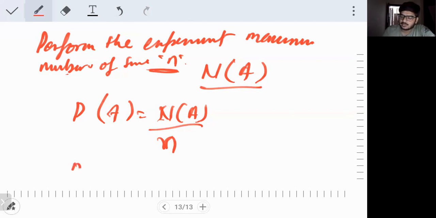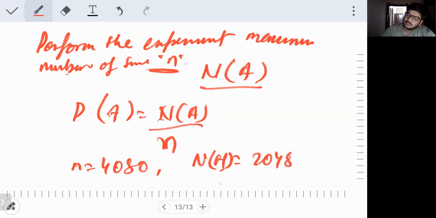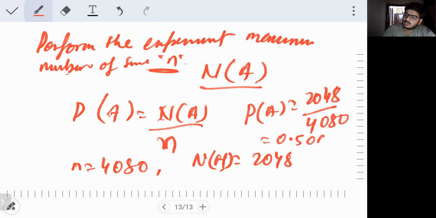So if n is 4,080 and the number of heads is 2,048, we simply find the probability of A, which is 2,048 upon 4,080. So this is close to 0.5.